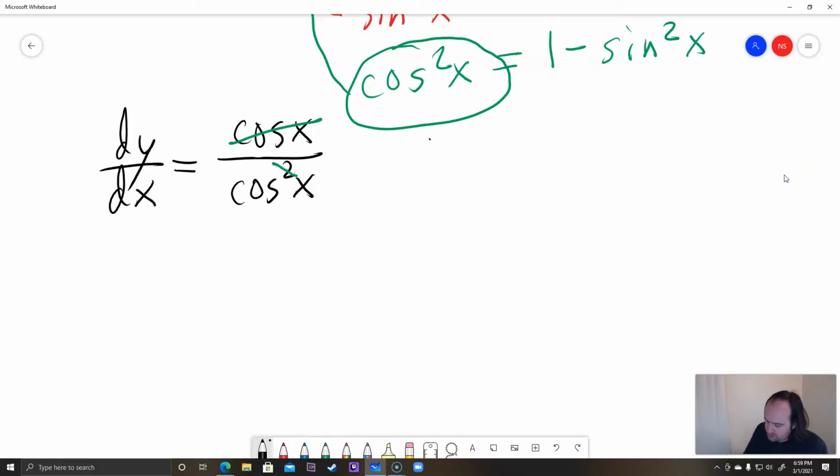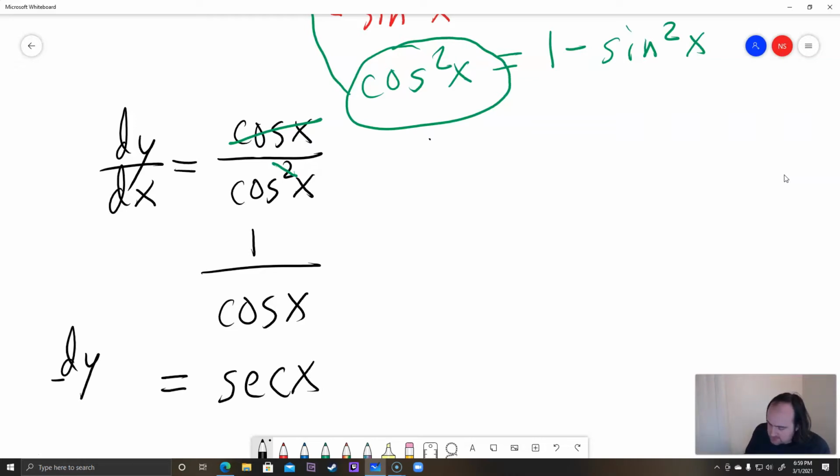So we're just going to be left with a 1 on the top and a cosine of x on the bottom. Okay, but remember that 1 over cosine is the same as secant. So we actually get secant of x. Okay, so we have dy dx equals secant of x.